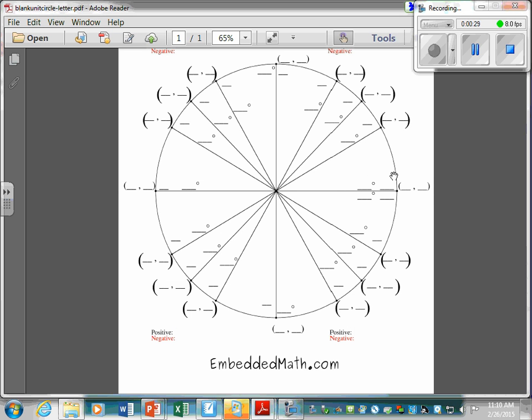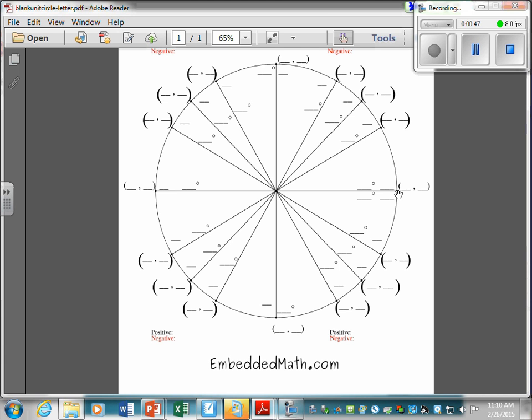So when I hand you this for your quiz and you have a blank one, the first thing I want you to do is label our degrees all the way around. How many degrees are in a circle? 360. And if I just told you first, let's do our eighths, our sections here.